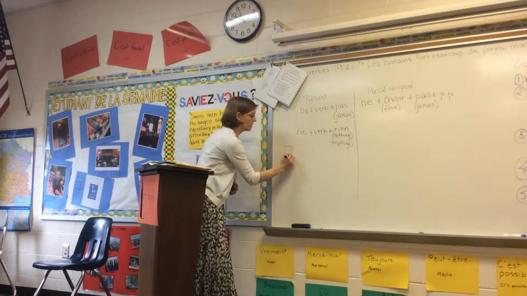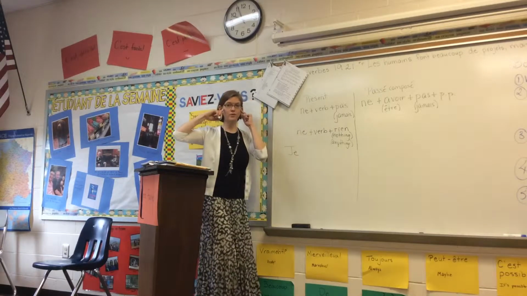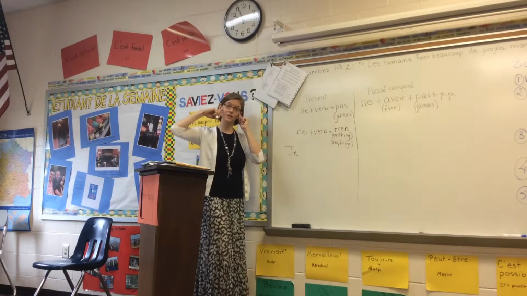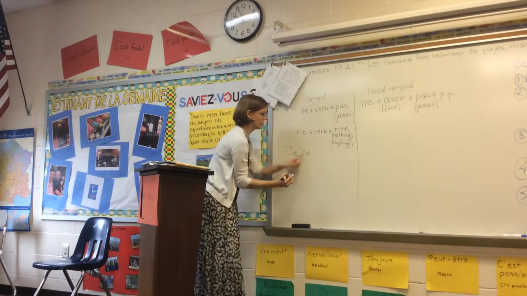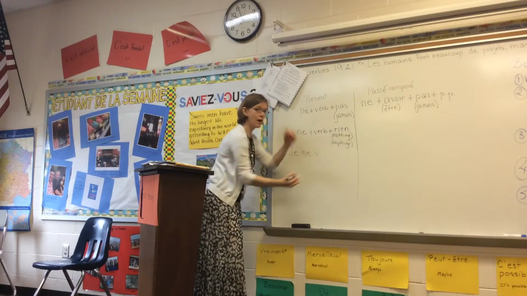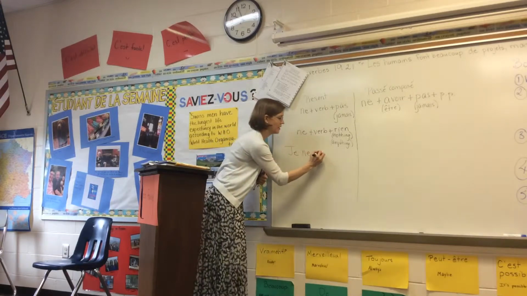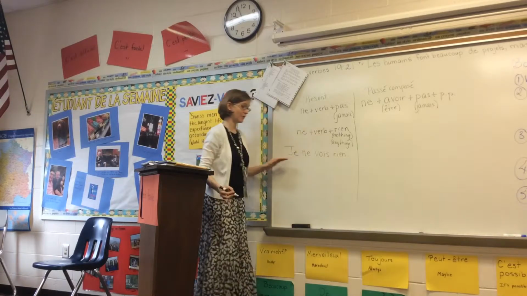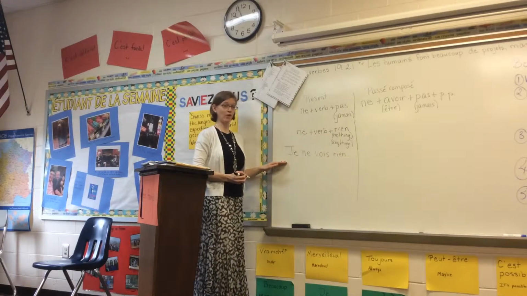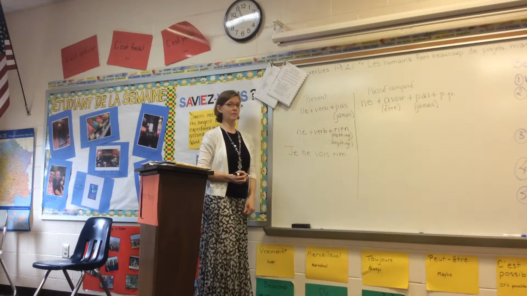So again, the word nothing in French signals to them that they need a negative sentence, which is different from the English, right? So je ne, there's that formula, vois, remember that verb, to see, je ne vois rien. That's how you say in French, I do not see anything, or I see nothing, okay?